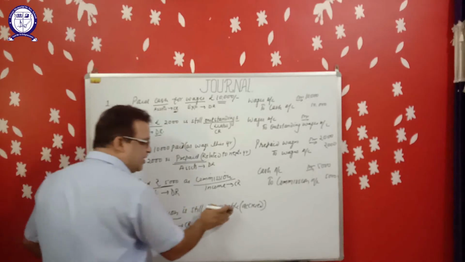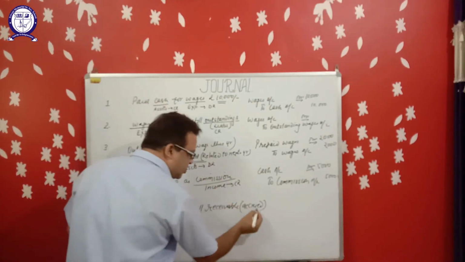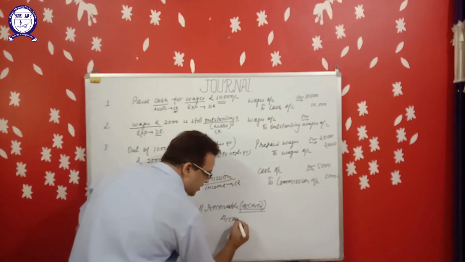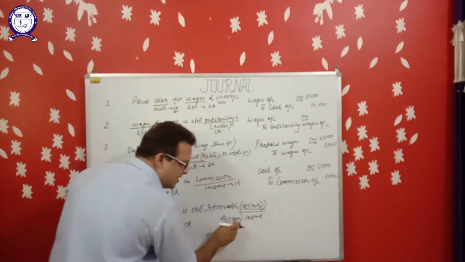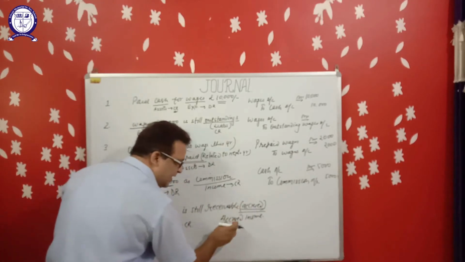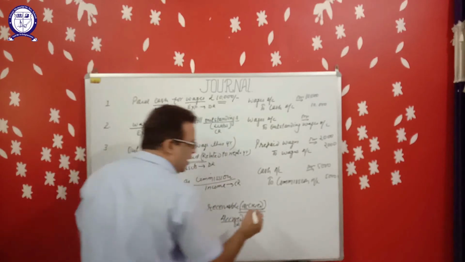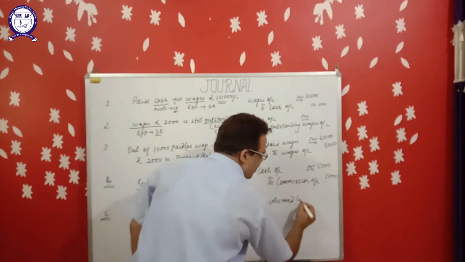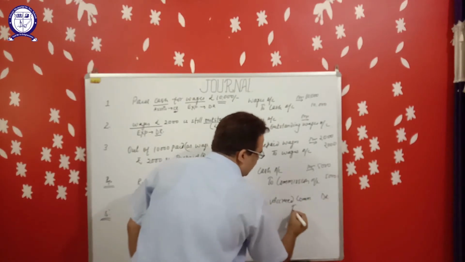But we have not received the cash. So another account is accrued income. This is called accrued income. This is also an asset. This asset is increasing in this transaction now. That's why this account will be debited. Accrued commission account debit to commission account.